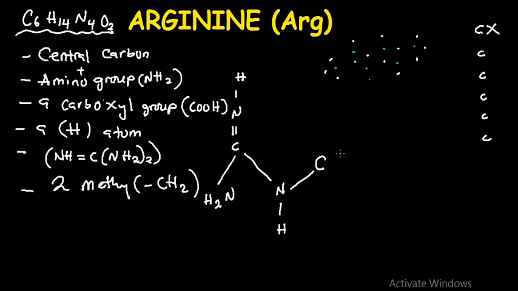By this side, let's draw the carboxyl group. Remember, the carboxyl group always has a double bond. This is the carboxyl group, COOH. So we have 1 carbon, which is the central carbon here also.